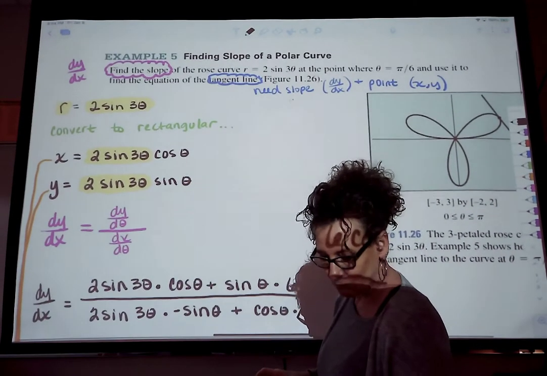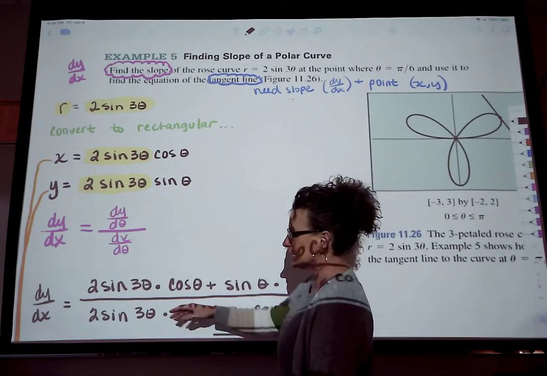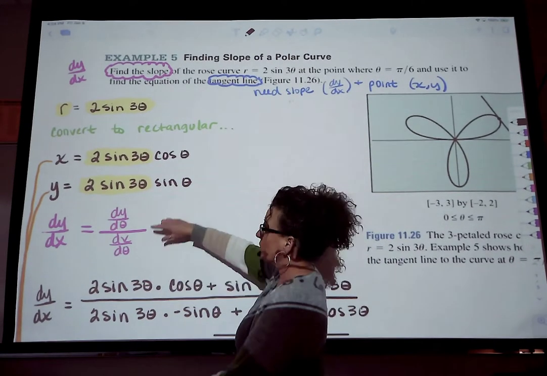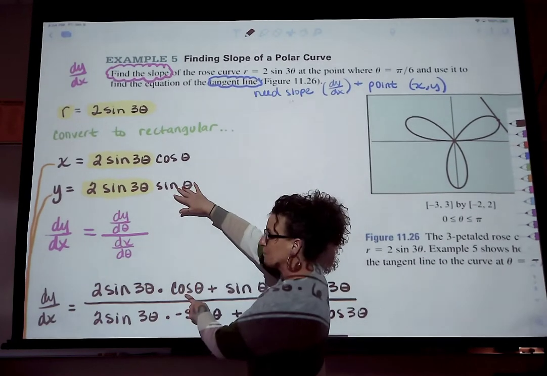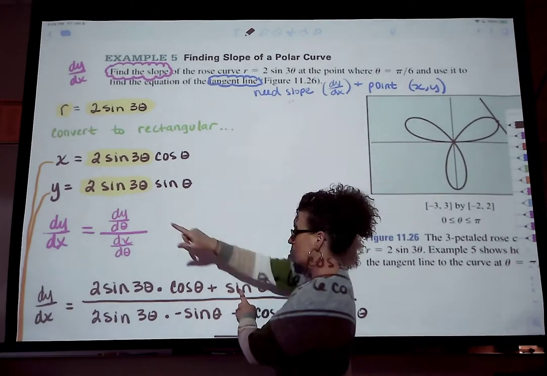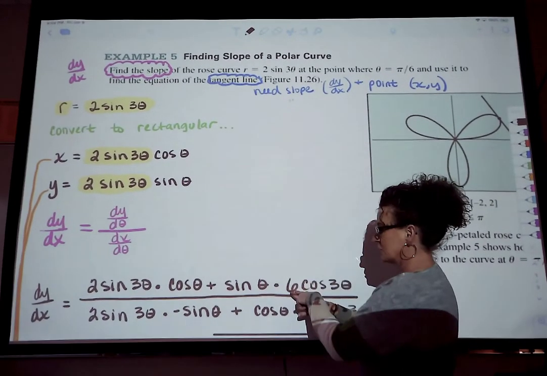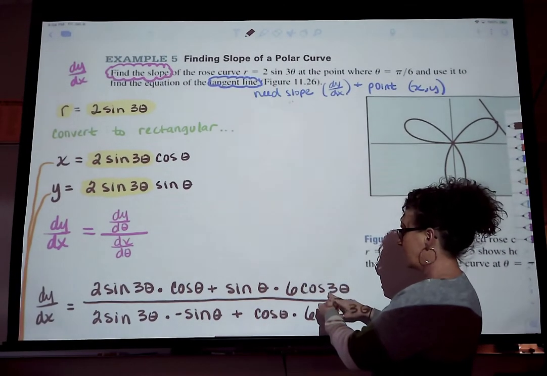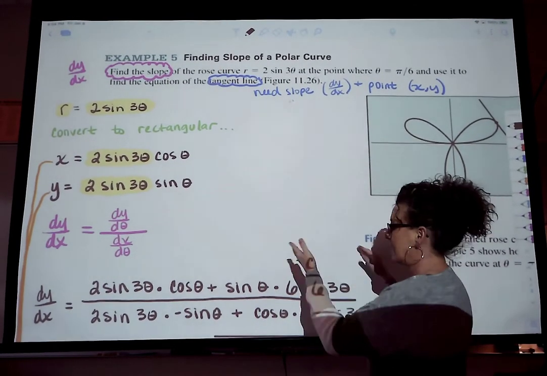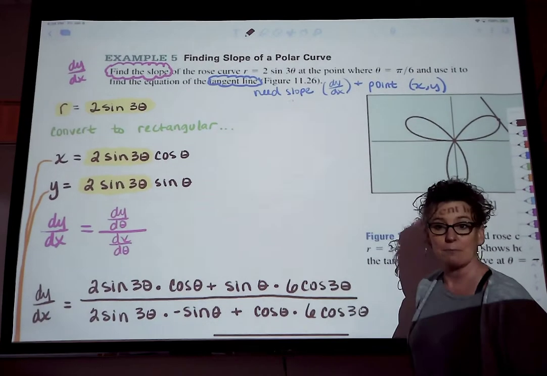So here I go. dy/d theta is going to be on the top. So I'm going to go, let's see, 1 d2 plus 2 d1. So when I do d1, I've got the coefficient out in the front. I did derivative on sine of 3 pi, and then I chain ruled it. Don't forget to multiply by the 3.